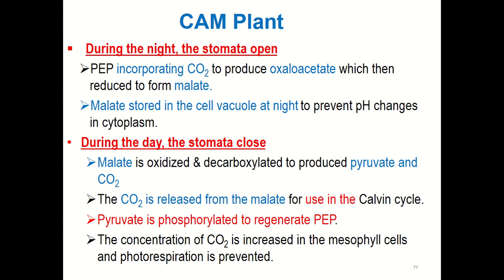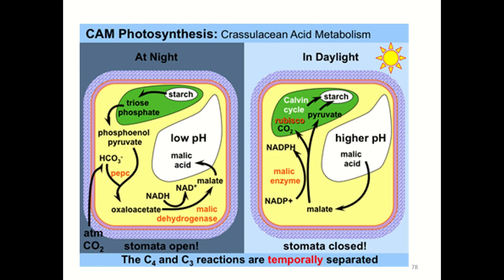The pyruvate is phosphorylated to regenerate phosphoenolpyruvate to bind again with carbon dioxide. So the concentration of carbon dioxide is increased in the mesophyll cell, and they can prevent photorespiration from happening.